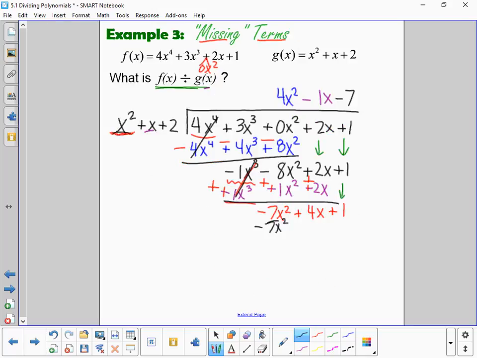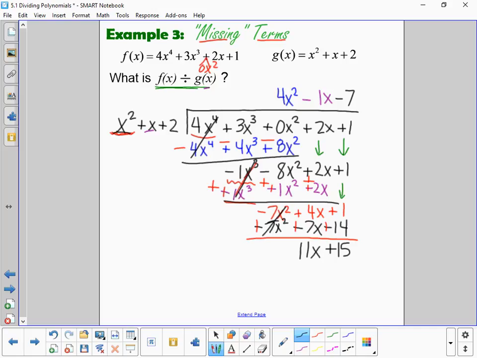I'm going to give myself some more space. We're going to have a negative 7x, and we're going to have a negative 14, and we are subtracting all those things, so we're going to end up adding in all of those cases. First term reduces to 0. Second term here is 11x and plus 15.